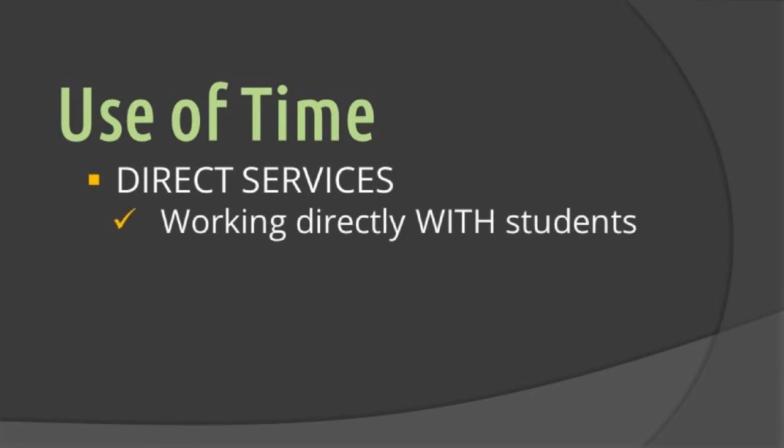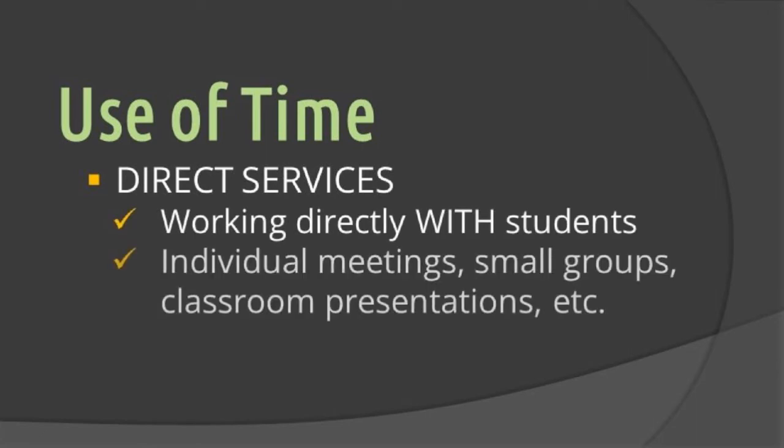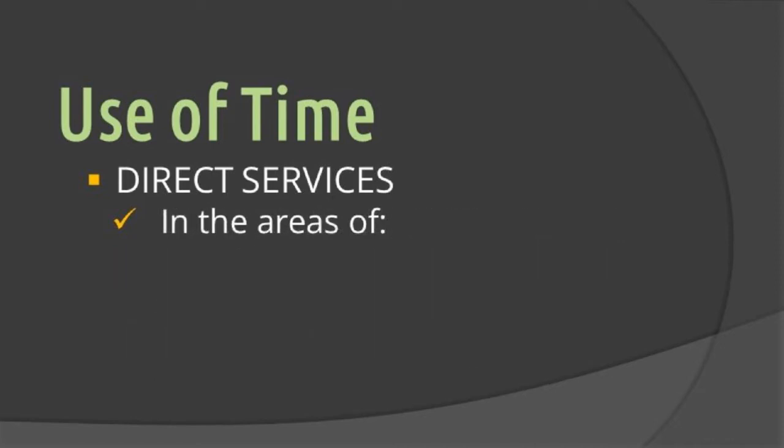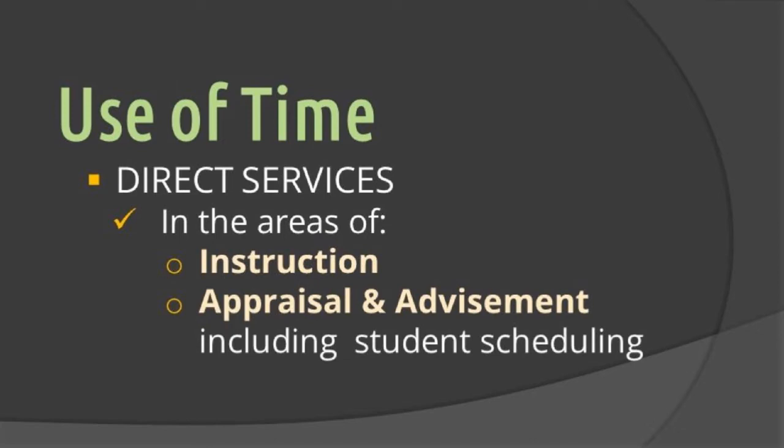Direct services are activities where you're working directly with students in individual meetings, small group classroom presentations, or other activities. And this is important, that are correlated to your school counseling program's goals. ASCA further divides direct services into classroom instruction, appraisal, and advisement, and we add scheduling in here too, and student counseling. Each of these categories should be fairly clear.